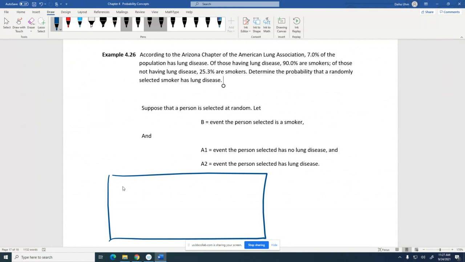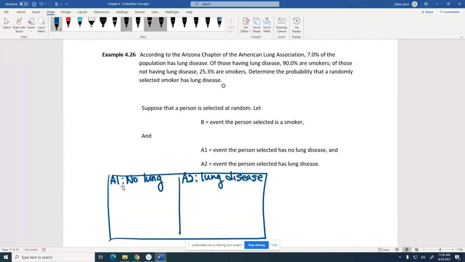What is A1? The event, the group who has no lung disease. And A2 is the lung disease, right? So I can separate the two groups. A1, no lung disease. A2, the lung disease. They are mutually exclusive and exhaustive.